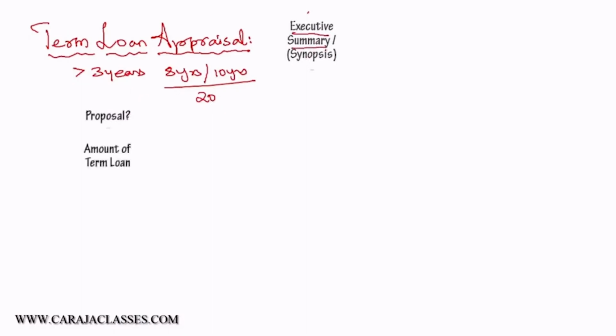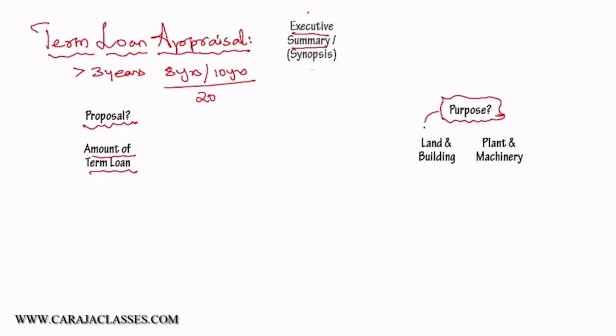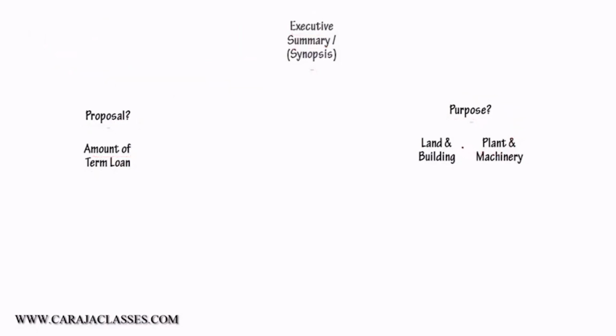That executive summary will capture what the proposal is, that is, what is the amount of term loan you are proposing, then for what purpose this loan is being taken. Is it for acquiring land and constructing building, or is it for purchasing plant and machinery, is it for setting up a factory? What is the purpose? That gets captured here, and this is coming under executive summary.